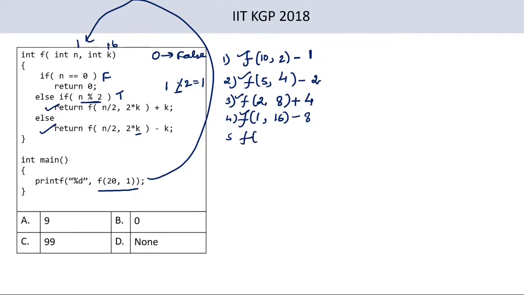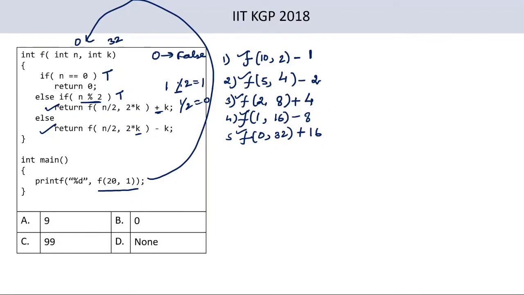When you divide 1 with 2, you get answer 0. 2 into k, the current value of k is 16, so 2 into 16 becomes 32, plus k, the current value, 16. Now you call this function with value 0 and 32. Now is n equal to 0? Yes.